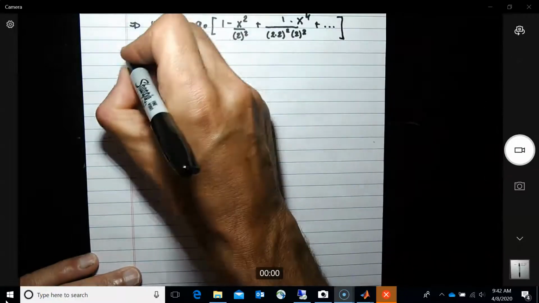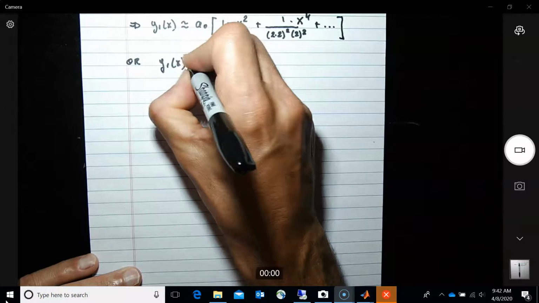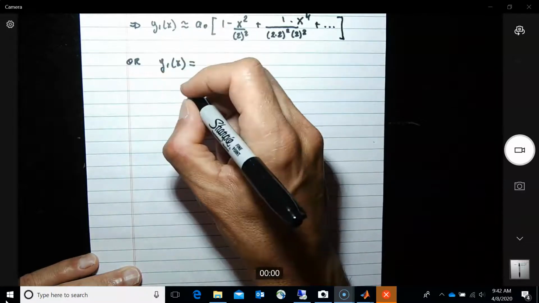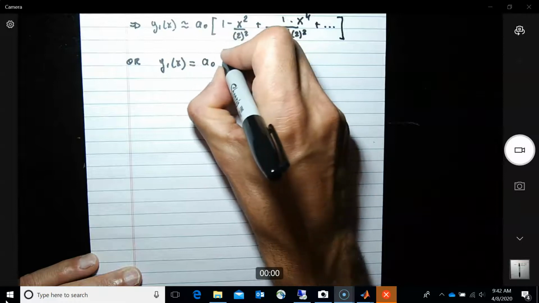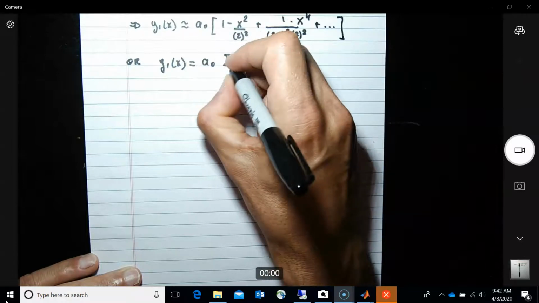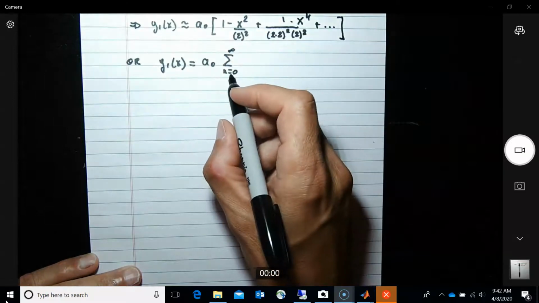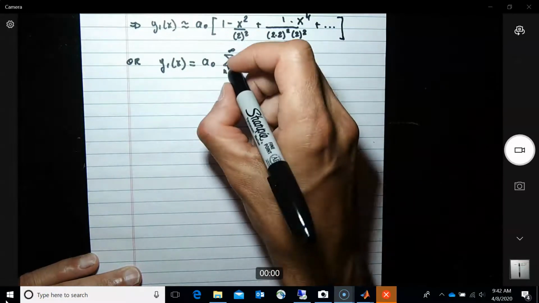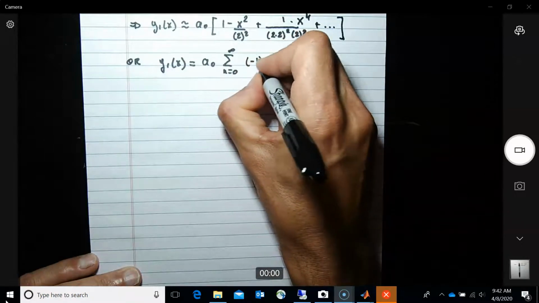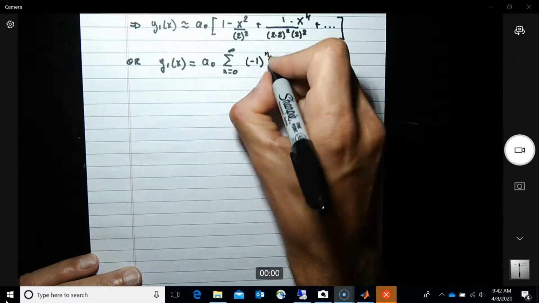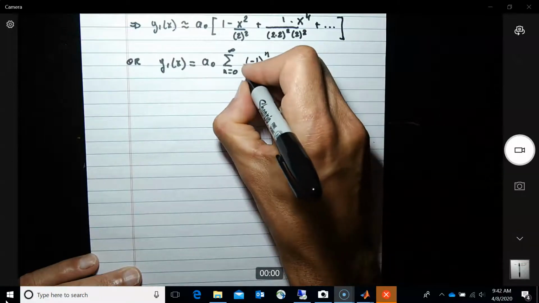So all the above can just be rewritten as y1 of x equal to a sub naught summation from n equal to 0 to infinity, but just taking the even ones, of minus 1 to the n over n factorial square.